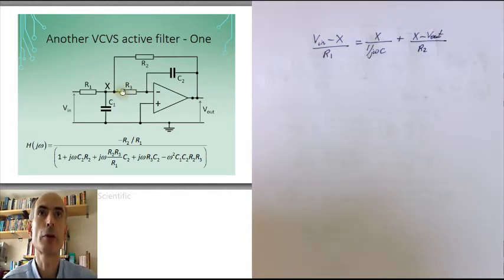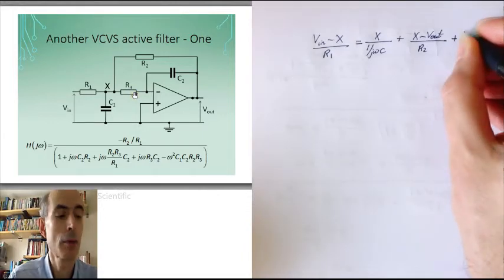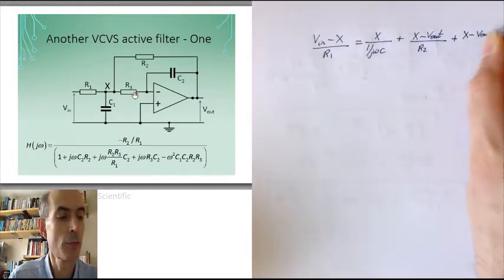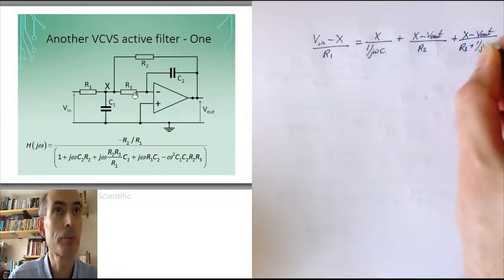And the current flowing through here would all have to flow through C2 as well, since, assuming this is an ideal op-amp, no current flows into the inputs of the ideal op-amp. So the current flowing through R3 would just be X minus Vout over R3 plus 1 over j omega C2.